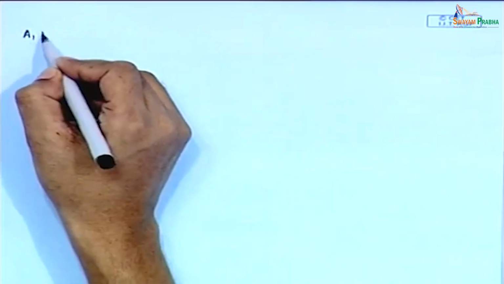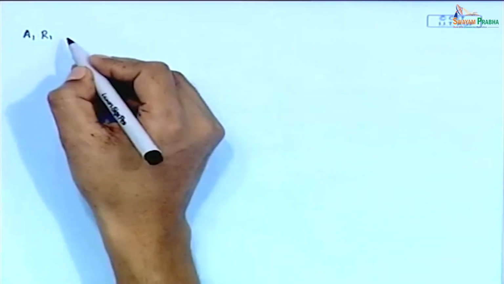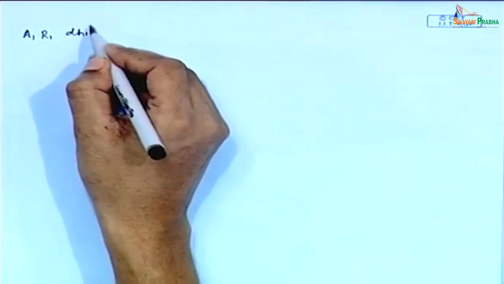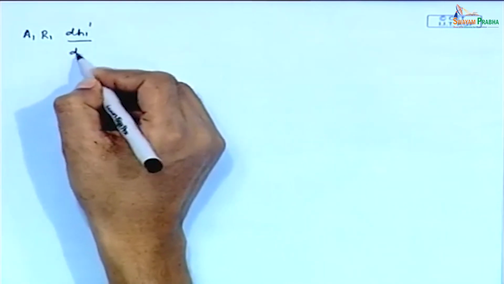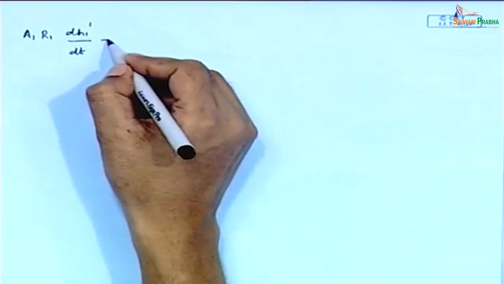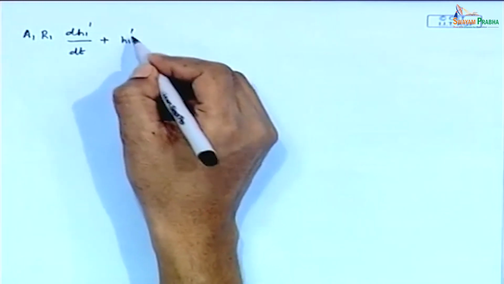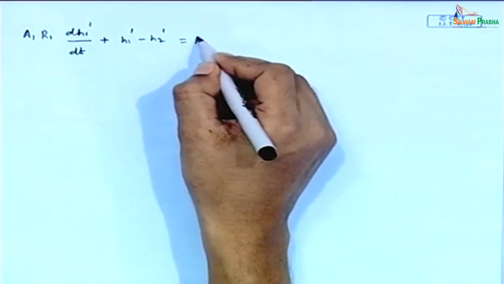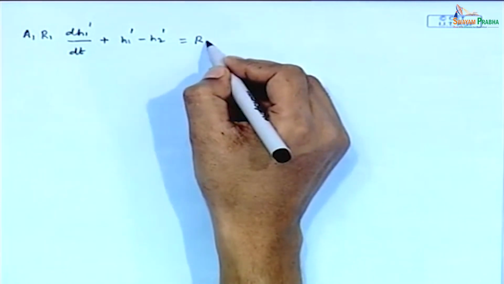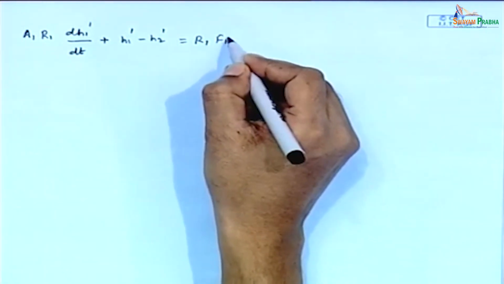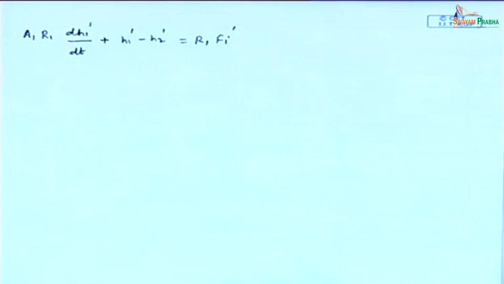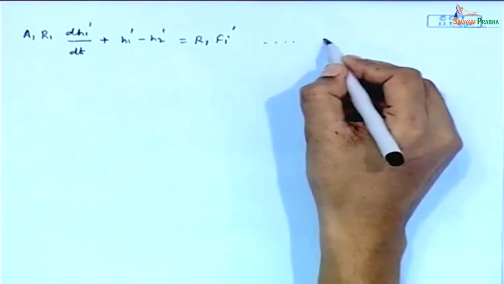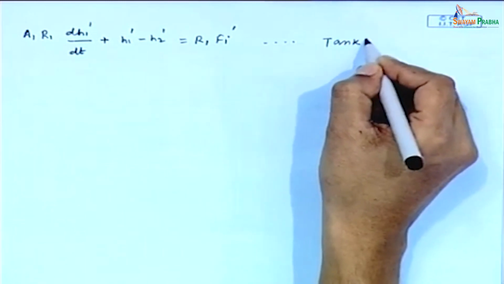So for tank 1 we can write the modeling equation in terms of deviation variables and we obtain A1 R1 dH1 prime/dt plus H1 prime minus H2 prime equals R1 Fi prime. This is for tank 1.